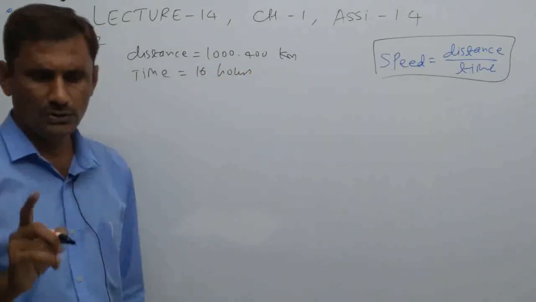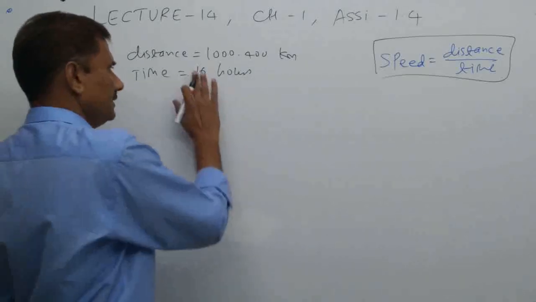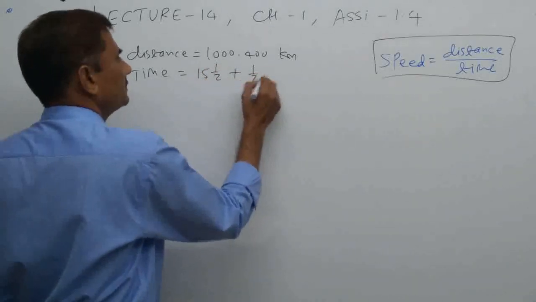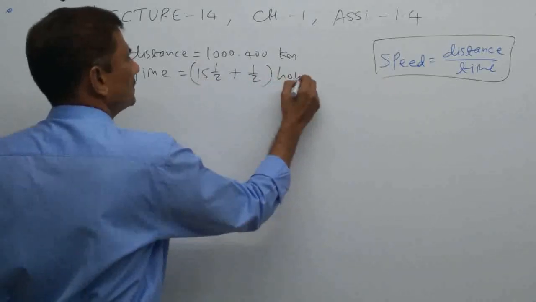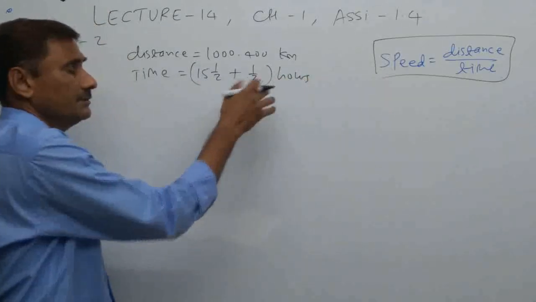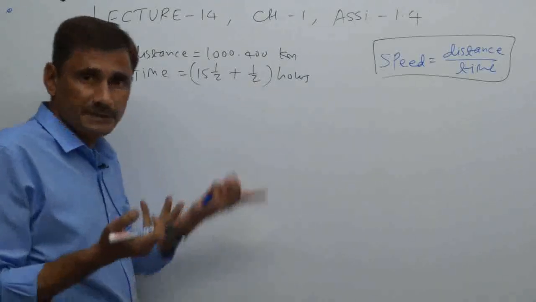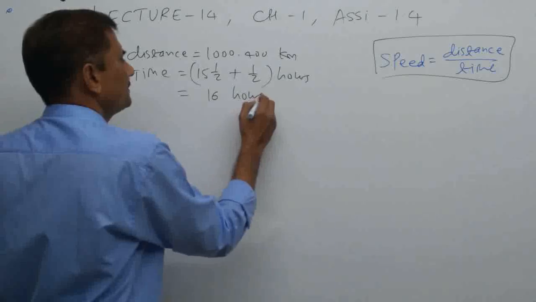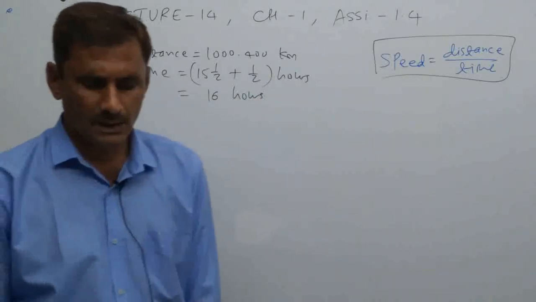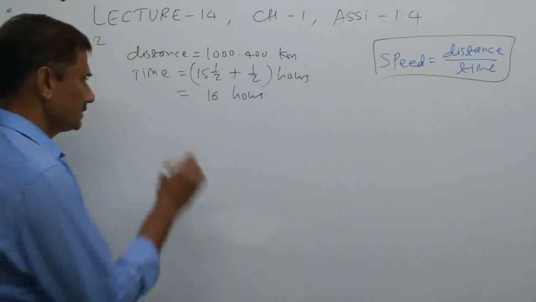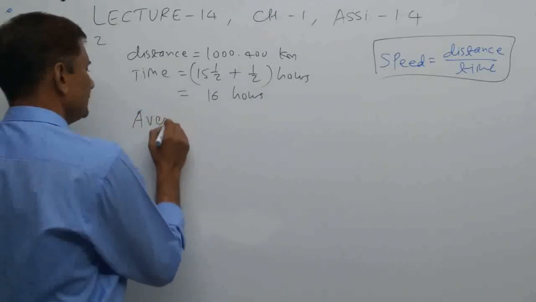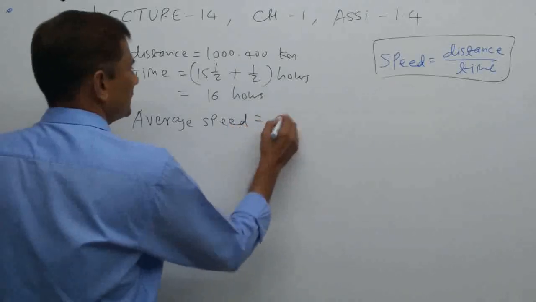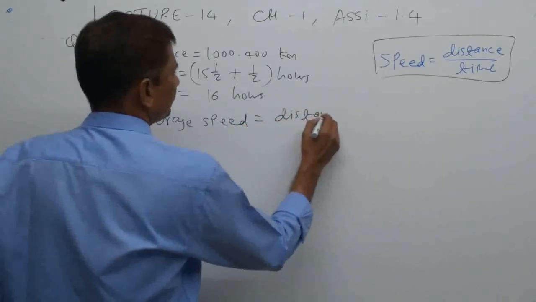How do you know? Because it is 15 integer 1 by 2 plus again 1 by 2. I added here 30 minutes, meaning half hour. So obviously it is 16 hours. Now it becomes very simple. What is the average speed? So average speed or speed, both are the same here. Average speed is equal to distance upon time.